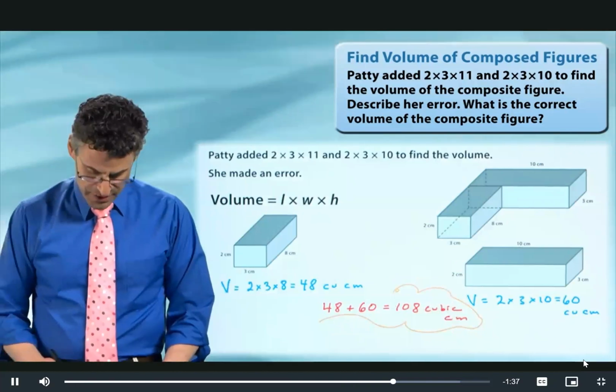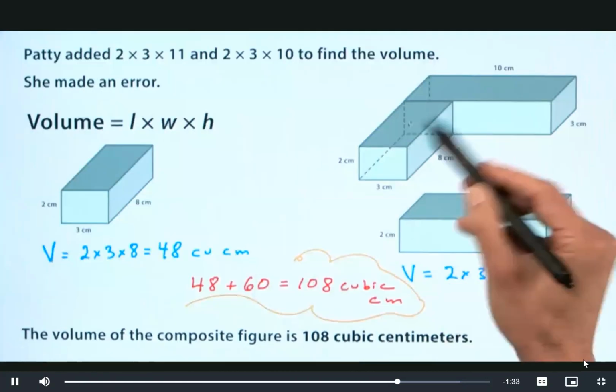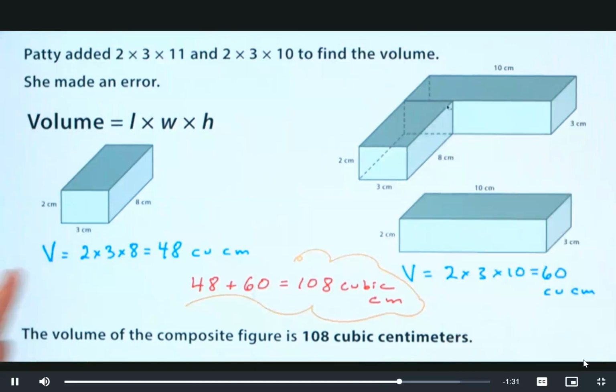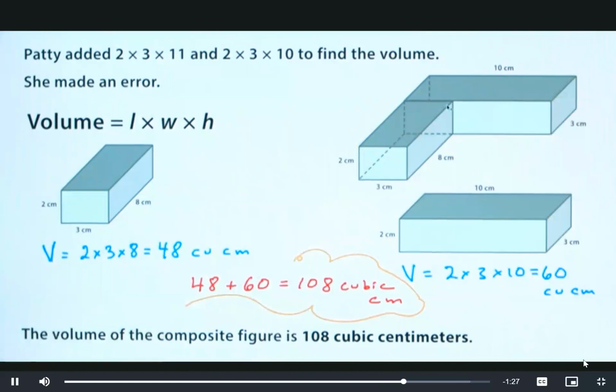So the volume of the composite figure, this is called the composite figure because it's composed of two familiar figures that have been kind of jammed together. This figure and that figure jammed together made this composite figure. The correct dimensions that we want to look at, in fact, are what we've already figured out, which is 2 times 3 times 8 and 2 times 3 times 10.